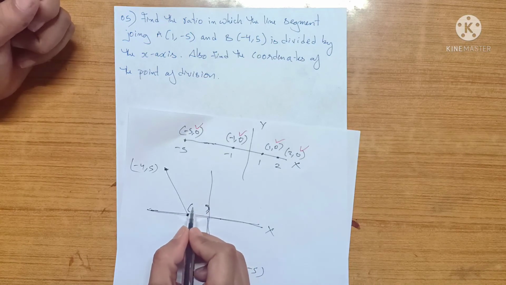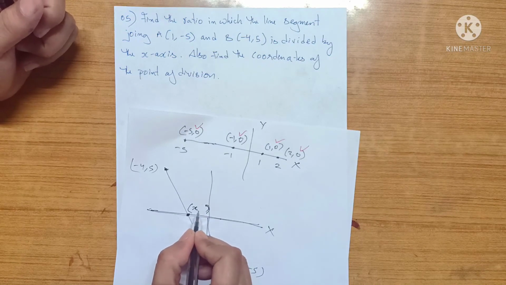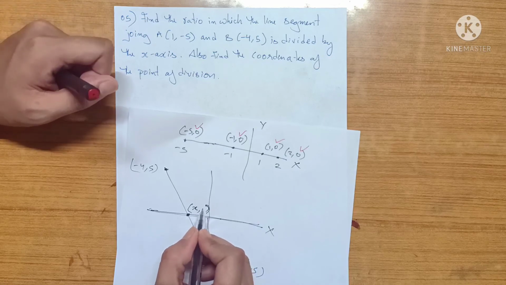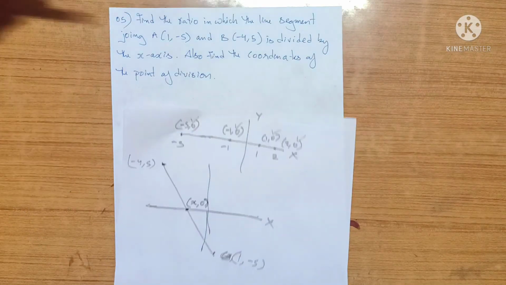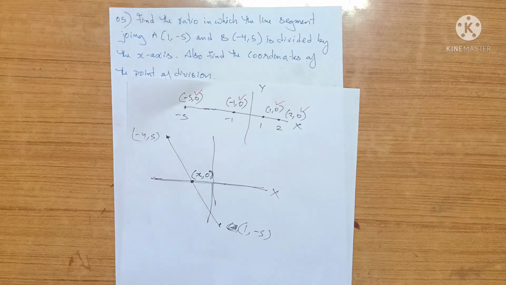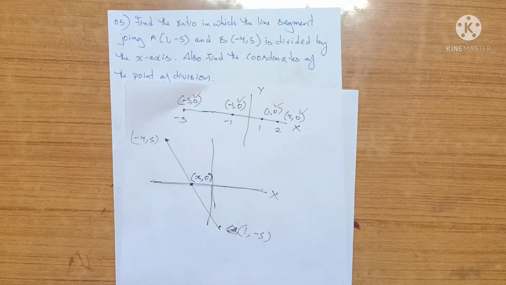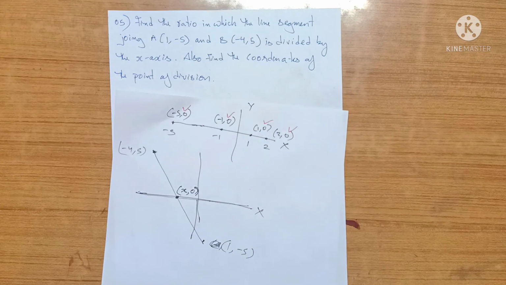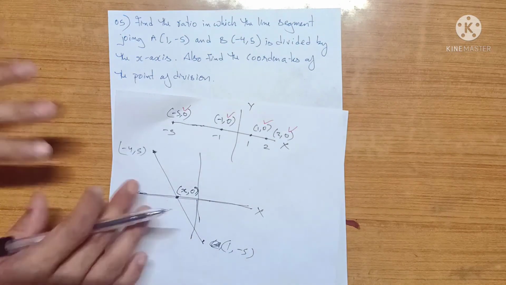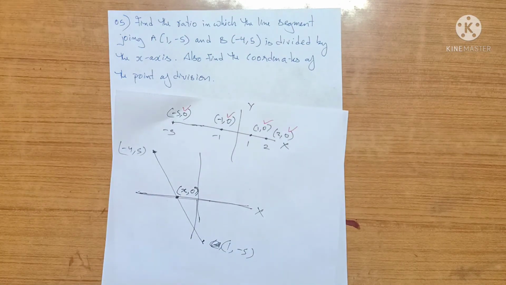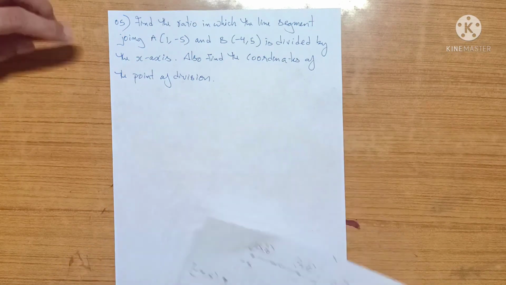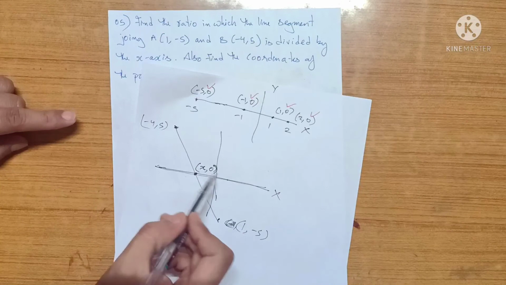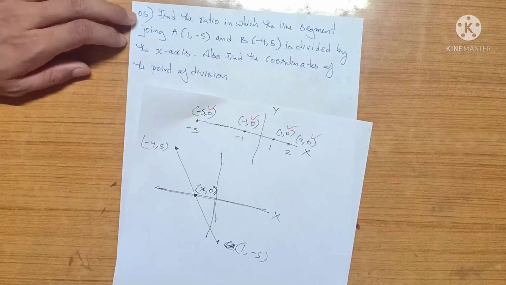The x value we don't know, but the y value is 0, because any point lying on the x-axis will always be 0. No matter where it lies on the x-axis, the value of y will be 0. So we'll take advantage of that, since we just need one of the values to find the ratio.